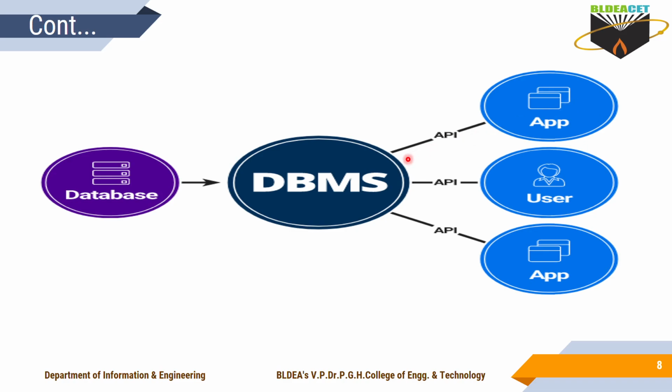To collect all the related data and store it in the database, you require programs, and those programs we call the DBMS. This software collects the data from the apps or from the users, and using an application programming interface it creates the related data and stores it in the form of a database on the disk.